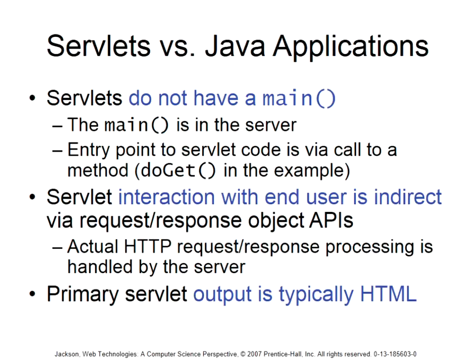In our example, the method is doGet, but can also be doPost. Servlet interaction with the end user is indirect via the request and response object API. Actual HTTP request and response processing is handled by the server. Primary servlet output is typically HTML.